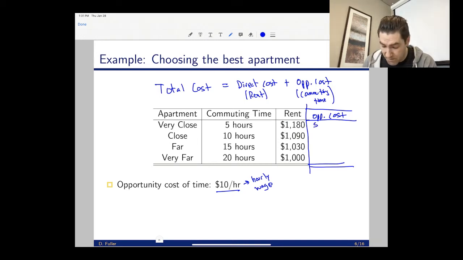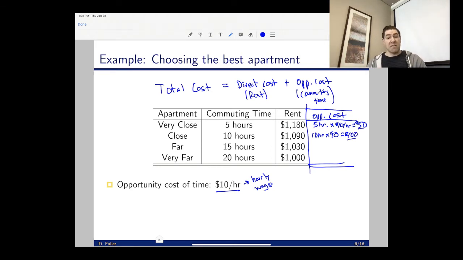So 5 hours commuting times $10 per hour is $50. That is my opportunity cost of renting the apartment very close. If I go to close, the opportunity cost is 10 hours times $10 an hour, or $100.